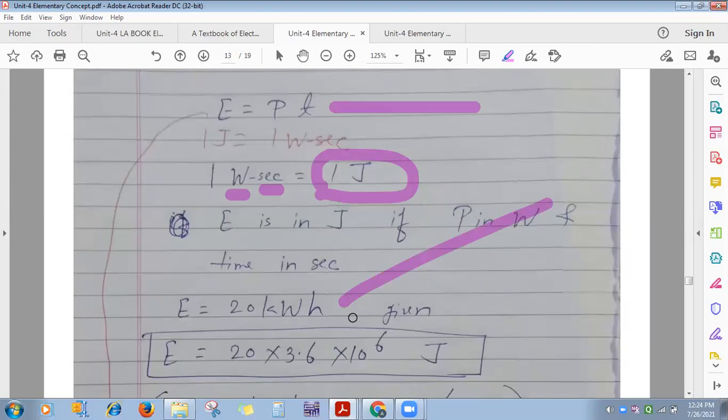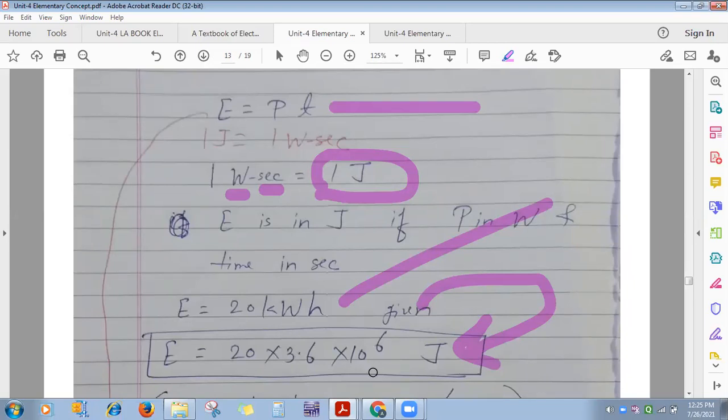So what you have to do first, convert this kilowatt hour to joule. Then only you will get time in second. So what relationship we got? 1 kilowatt hour is equal to 3.6 into 10 to the power 6 joule, isn't it?